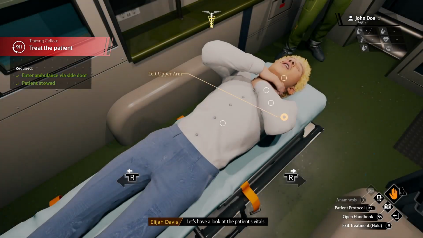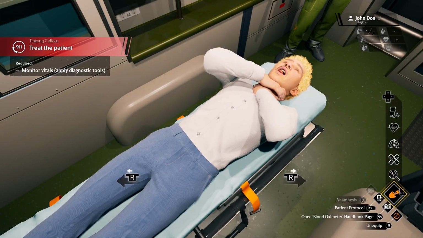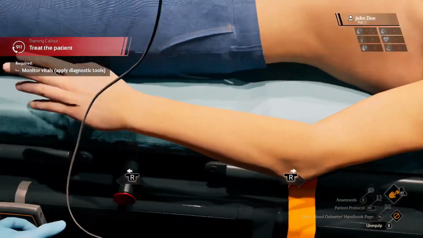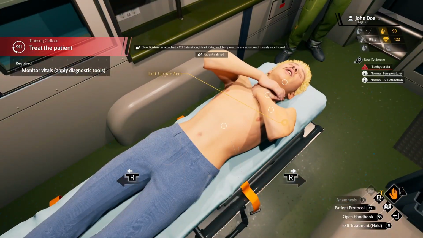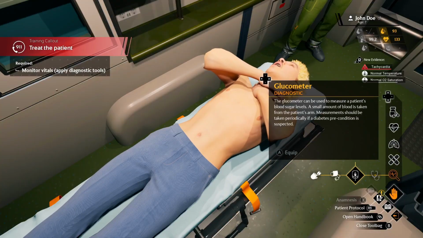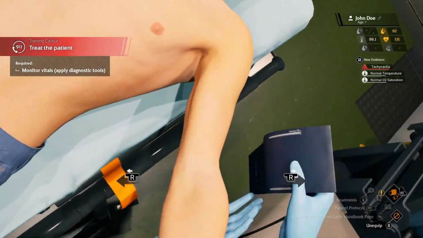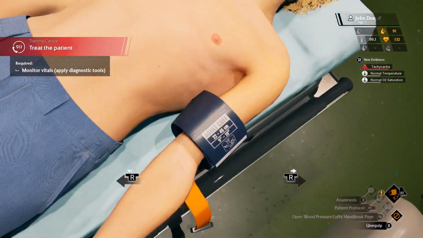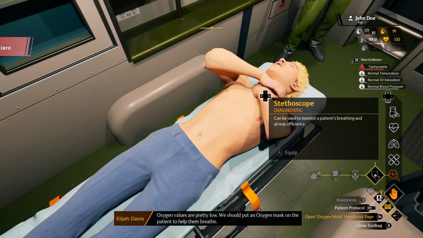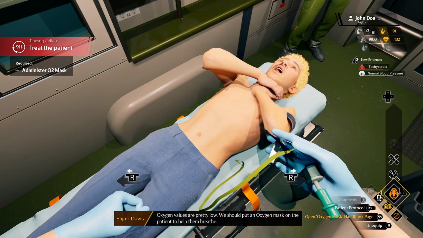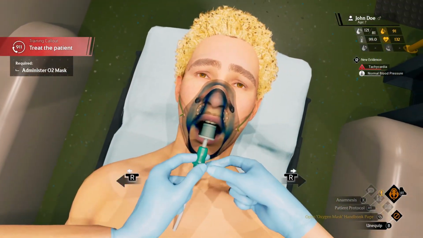Let's have a look at the patient's vitals. Oxygen values are pretty low. We should put an oxygen mask on the patient to help them breathe. Good.